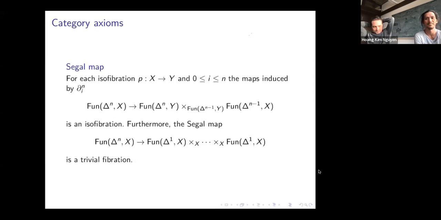Maybe a related question: if you take your axioms and you take an arbitrary object y, and you slice over y, of course the tribe sliced over y will not satisfy all these axioms.